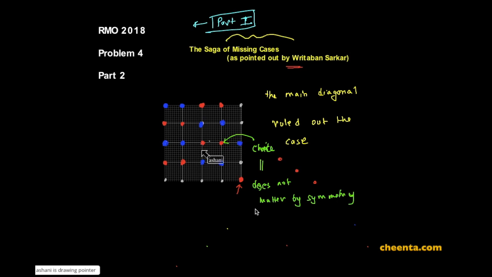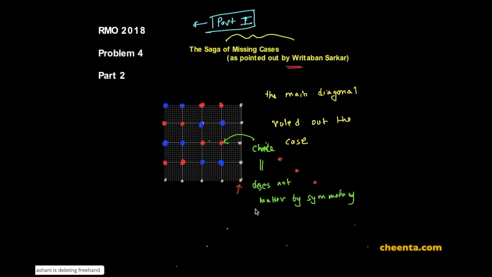Why? Because this one is red, this one is red, so this one has to be blue, otherwise we would be in trouble. But this one also has to be blue, and that obviously ends the game because this small square is in trouble now.